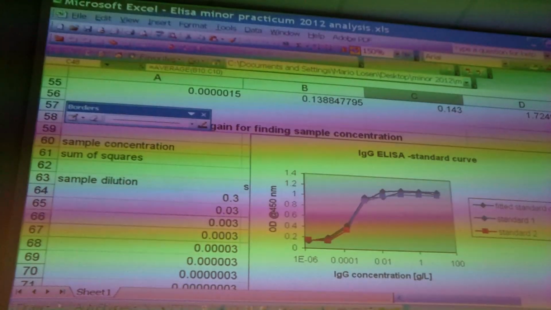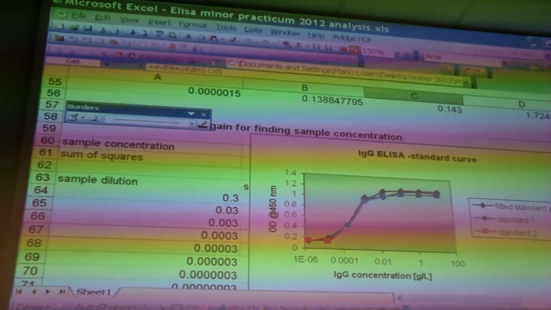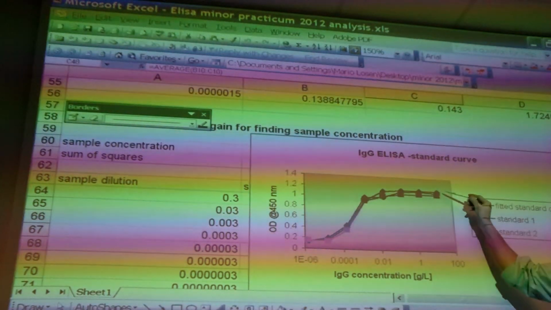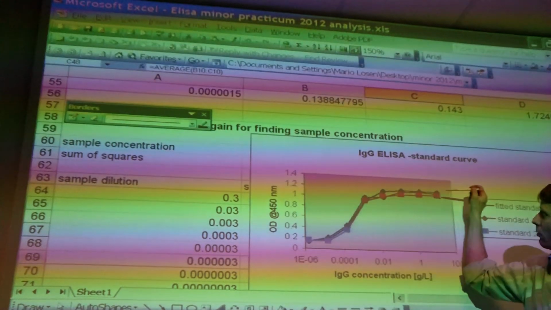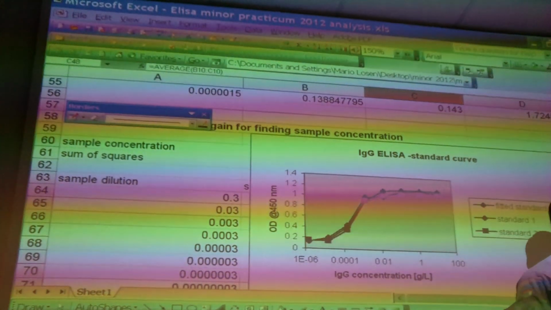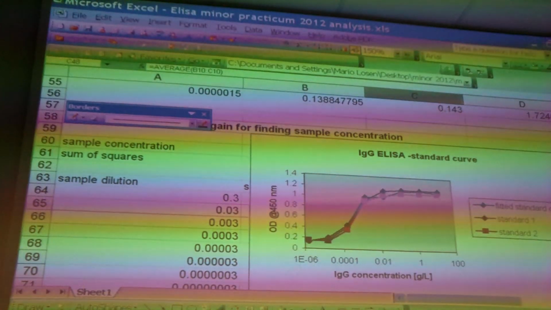Let's say the calibration curve from last year looked like this. This is a typical calibration curve. It starts at the maximum of 1 and goes down to this level. Why doesn't it go down to 0 in this case?